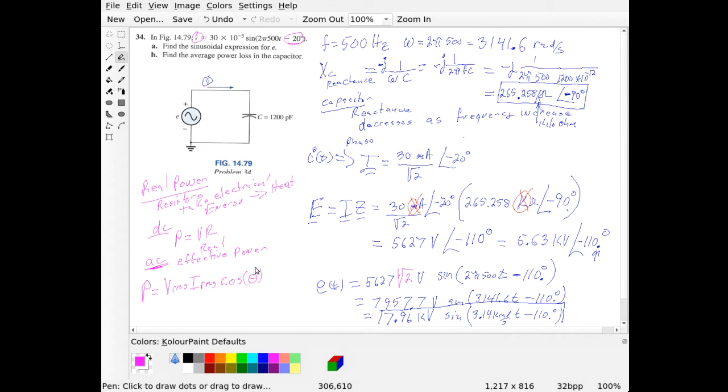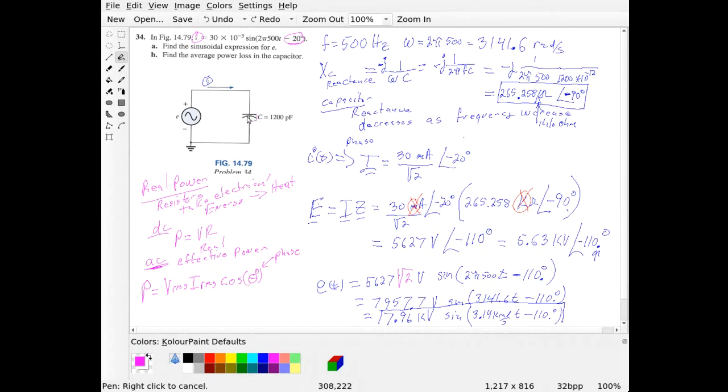We take the cosine of the phase angle, not this 20 degrees here, not this 110 degrees here. We're taking the phase angle between the angle of the current and the angle of the voltage.